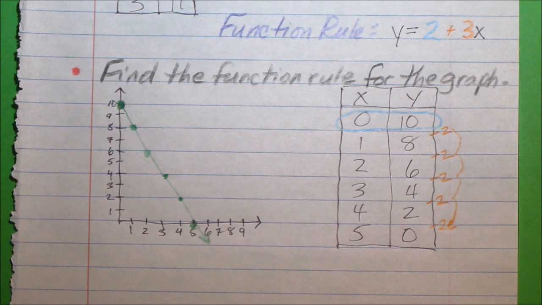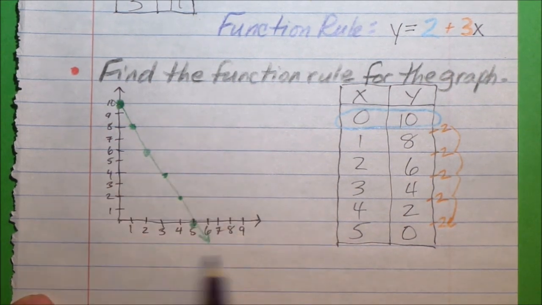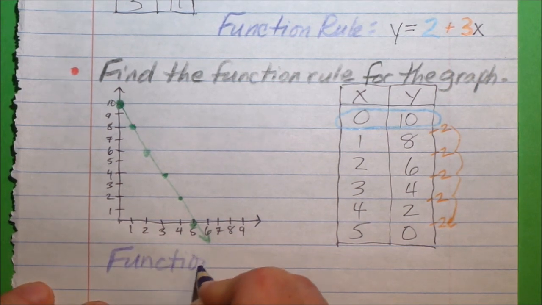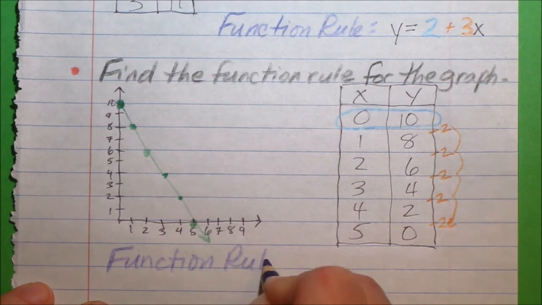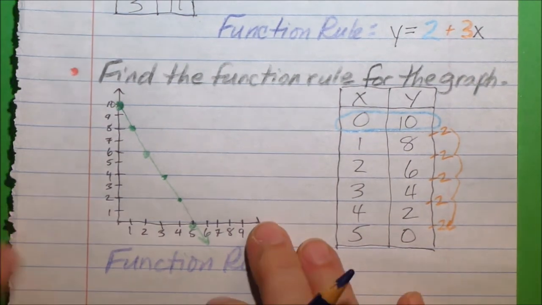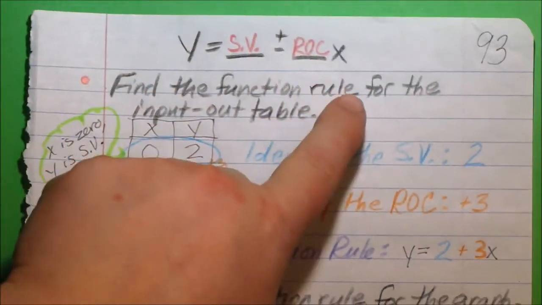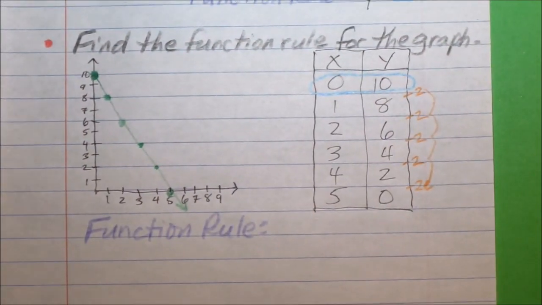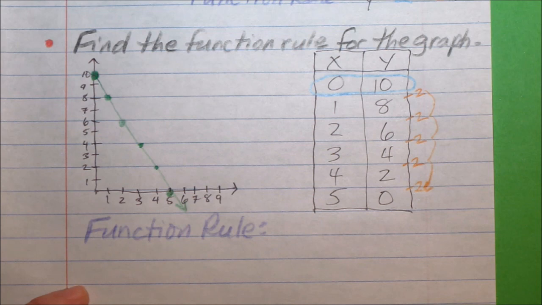So my function rule for this graph is going to be, remember the way that we write a function rule, don't forget how that looks, okay? So the function rule for this graph is, where's my pencil?